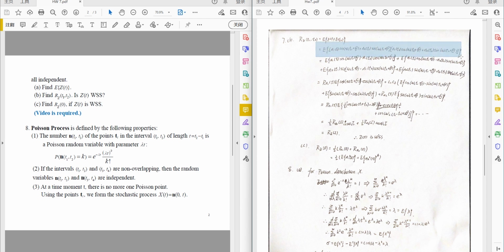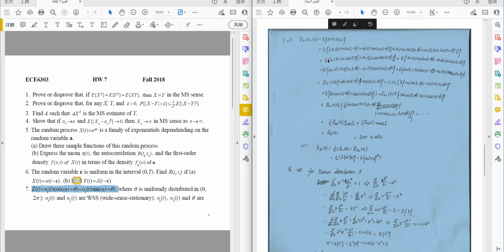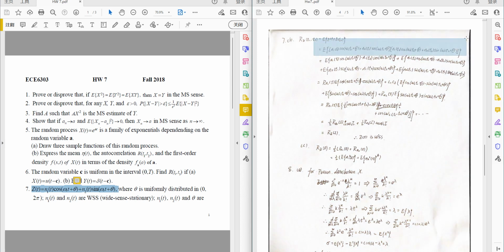Like above, we replace the expression given in the description in this, so we can get this. And after taking over the multiplication, we got the 4 expectations.